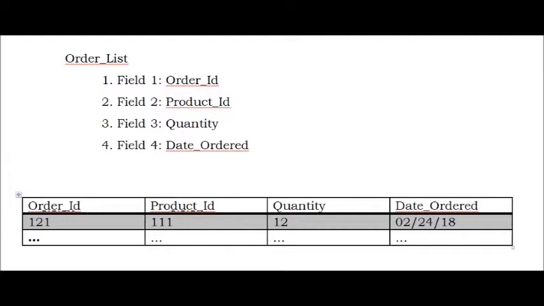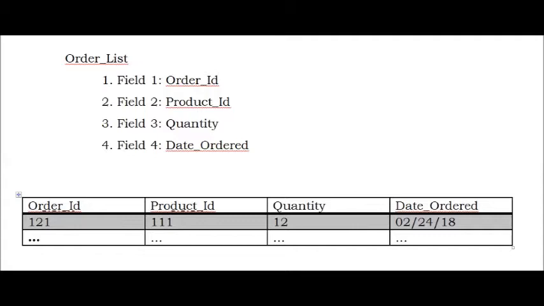That will be the ID of, for example, a Kentucky t-shirt or a Whistler t-shirt. So the quantity is 12 and the date ordered is, for example, February 24, 2018. Here I've used order ID and product ID as the foreign keys in my table, which as you can see are the primary keys in the other tables.